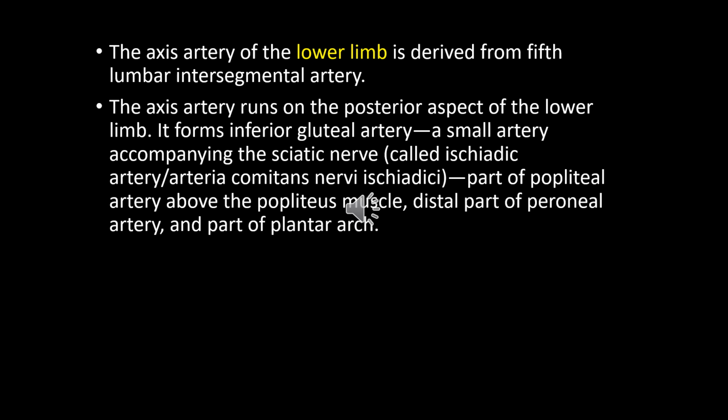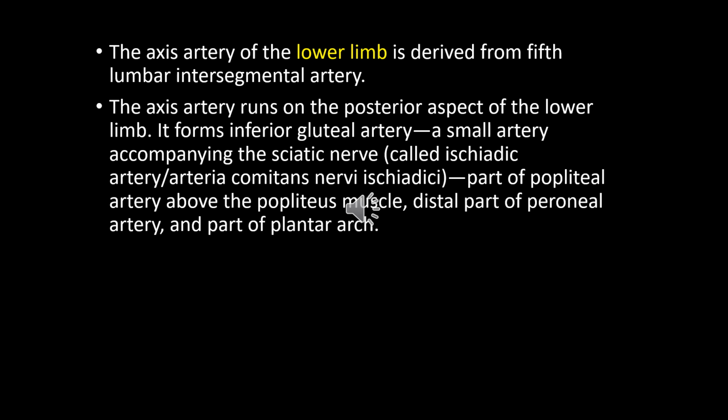Then later on, if we come down into the popliteal fossa, a part of the popliteal artery above the popliteus, the peroneal artery, and a part of the plantar arch are the representatives of the original axis artery that is derived from the fifth lumbar intersegmental artery. So that means the femoral artery is not the axis artery.